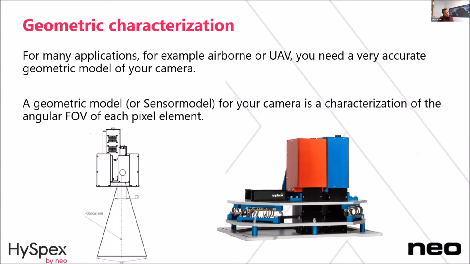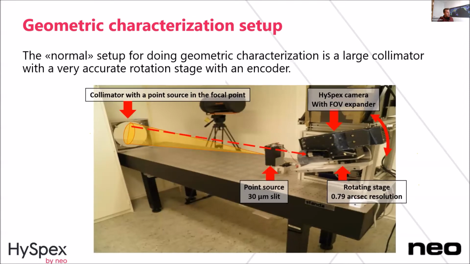And that's your typical sensor model. This is our setup. It's an old image, probably 10 years old, so it's not completely like this today, but it's very similar. We scan the camera across or along the slit, so we can map the position of a point source in a collimator all over the field of view, right?